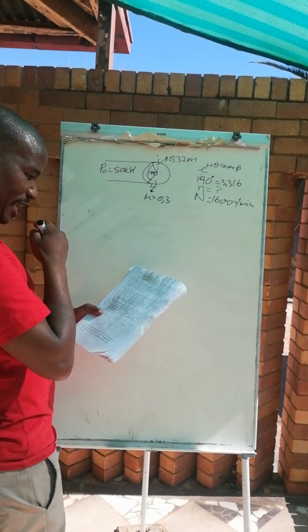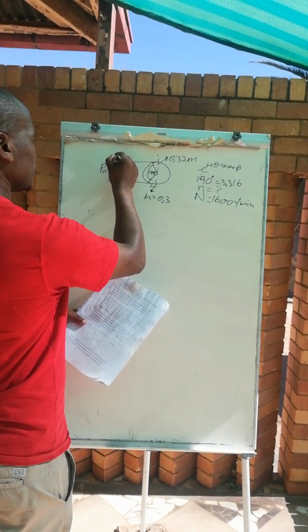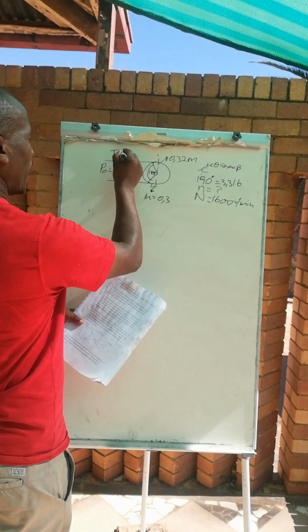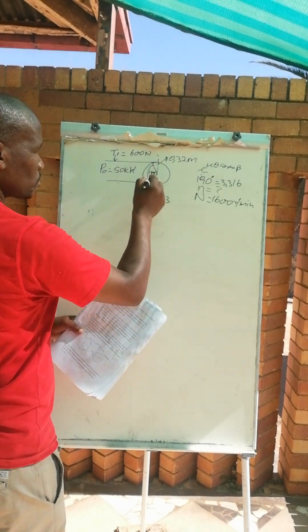And the maximum tension in each belt, T1, is limited to 600 Newton.